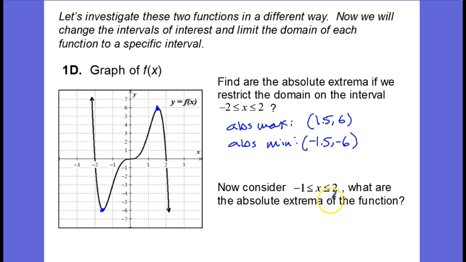What are the absolute extrema of the function? The absolute maximum on that interval from -1 to 2 is still going to be 1.56. That hasn't changed. And the absolute minimum on this interval is going to be located at -1, an endpoint on that interval, and it's going to be (-1, -3).